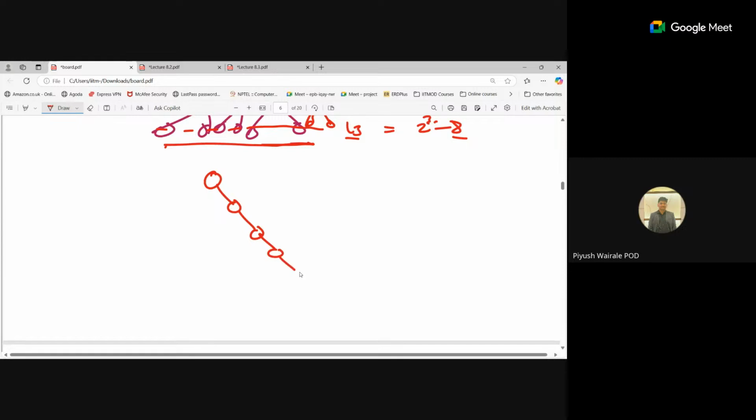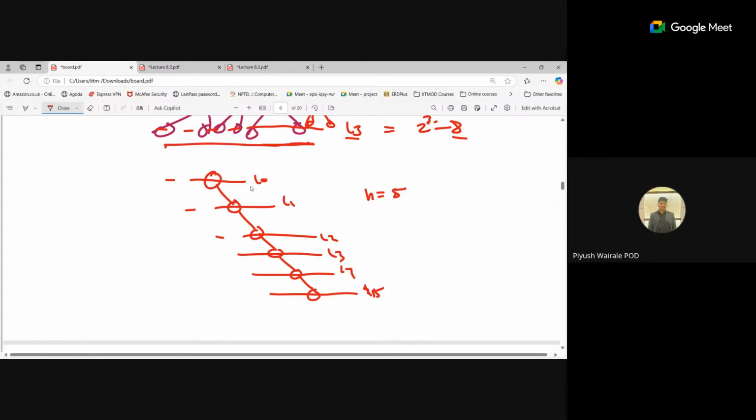Let's say for example this. So here what is happening? Level 0, 1, 2, 3, 4, 5, right? So the height of the tree is 5. And how many nodes do we have? 6. So h plus 1 is less than or equal to 6.